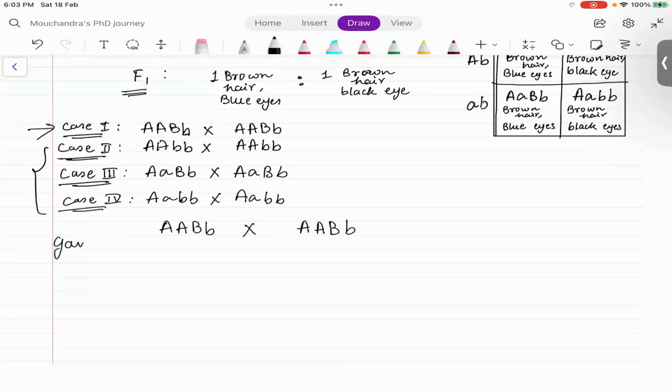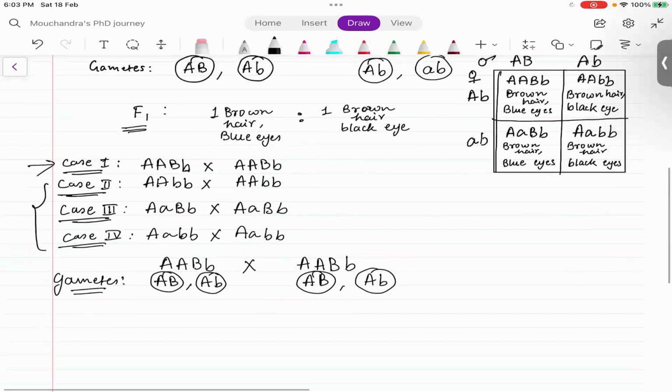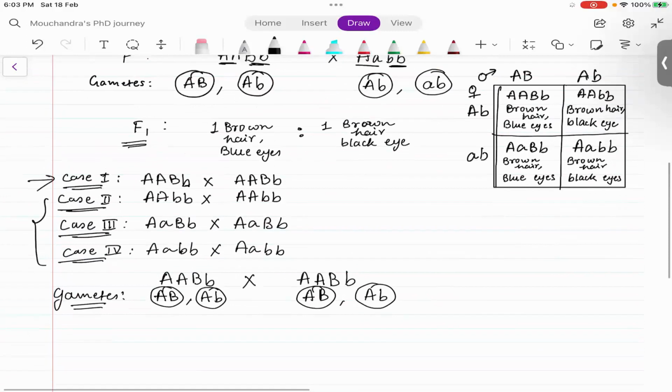what are the possible gametes? This is one gamete, another is this. Agreed? Here also the same. Then again, you have to draw a Punnett square.